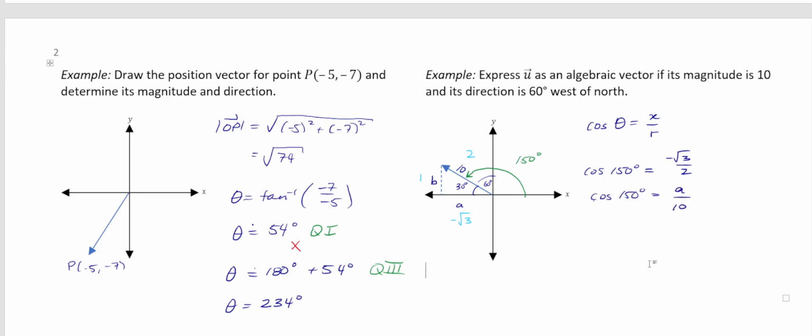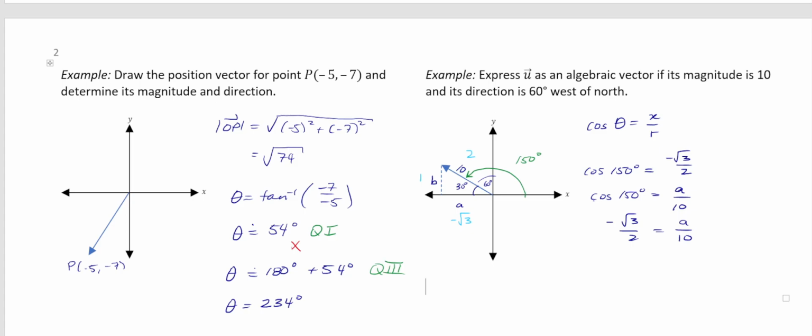Well, if cos 150 is equal to a over 10, and cos 150 is also equal to negative root 3 over 2, then I can equate these two values. So negative root 3 over 2 is equal to a over 10.